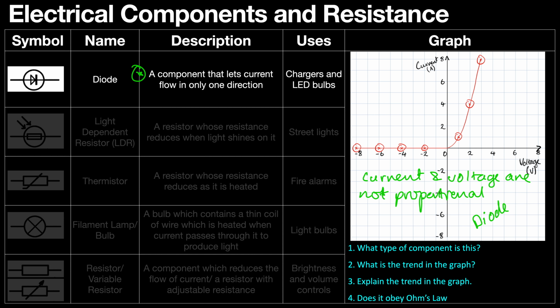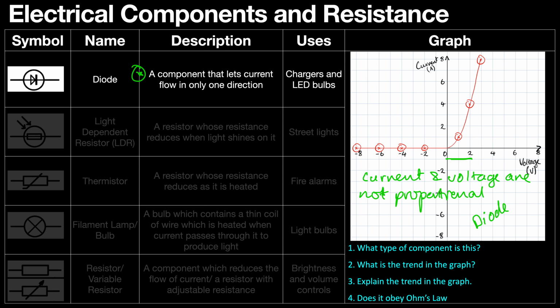The diode is a component that lets current only flow in one direction. As a result, at very low voltages, like 1, 2, and 3 volts, a lot of current can pass through. On the flip side, when you reverse the voltage to the negative direction, no current flows through at all. As a result, you can firmly say that this component does not obey Ohm's law.